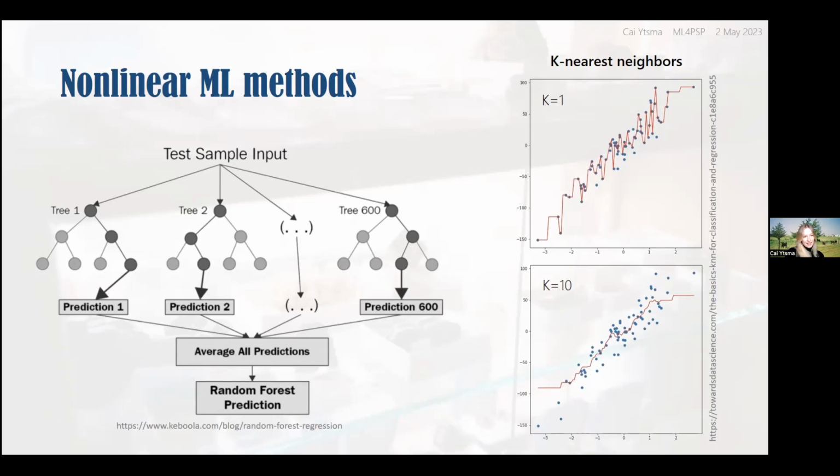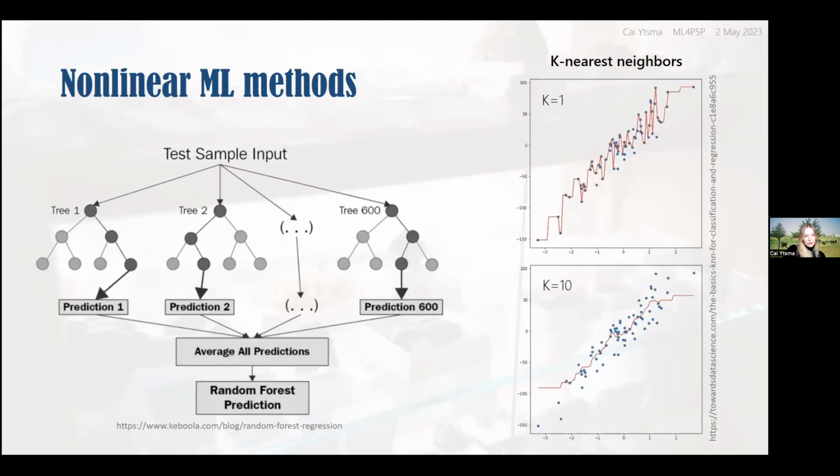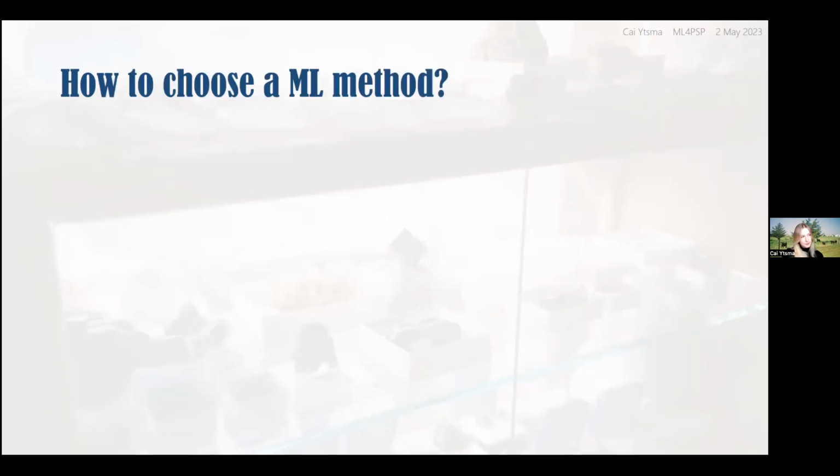And these methods can lead to great performance, but they often overfit to the data, and it's really hard to interpret how the model actually digested and used the data. And you can try to avoid overfitting by having more randomness or looking at more samples before you make a decision. But I find nonlinear methods less useful for data that are based on linear relationships, like most spectroscopy data is.